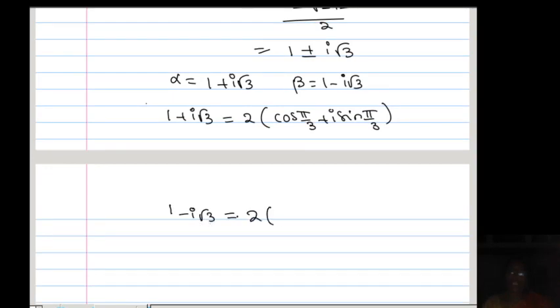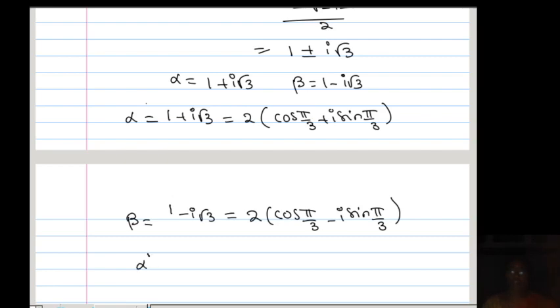Theta is minus pi by 3. So cos pi by 3 minus i sin pi by 3, polar form. Okay. So what happened here? This one is alpha, this one is beta, in polar form.